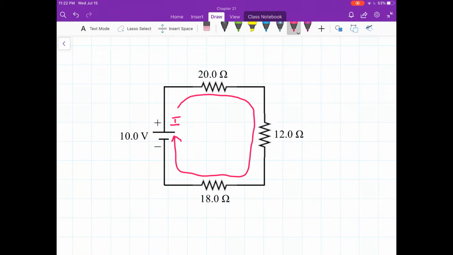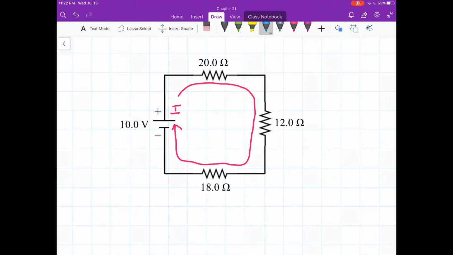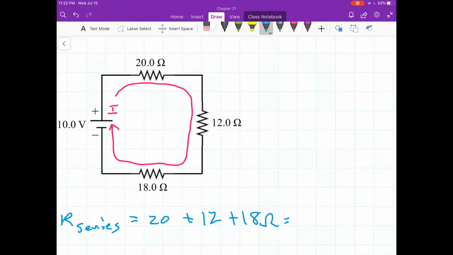What will that current be? Well, we could just say you have 3 resistors in series. For series resistors, you simply add the values. So 20 plus 12 plus 18 ohms will equal 50 ohms.